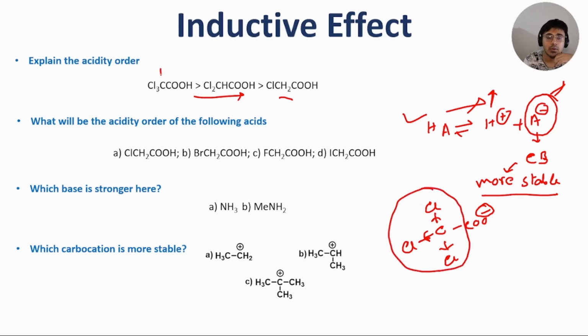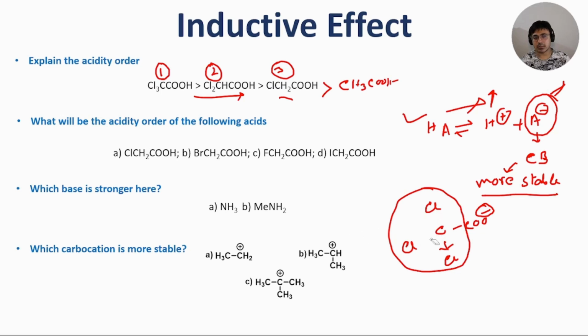The moderate one, where two chlorine atoms are there, is the second highest, and least is the single chloro one, and even less is the simple acetic acid where no chlorine atom is attached and no minus I effect is there to stabilize the acetate anion or conjugate base.